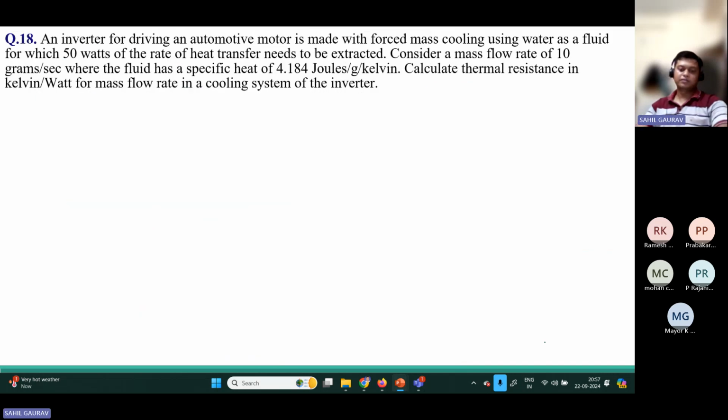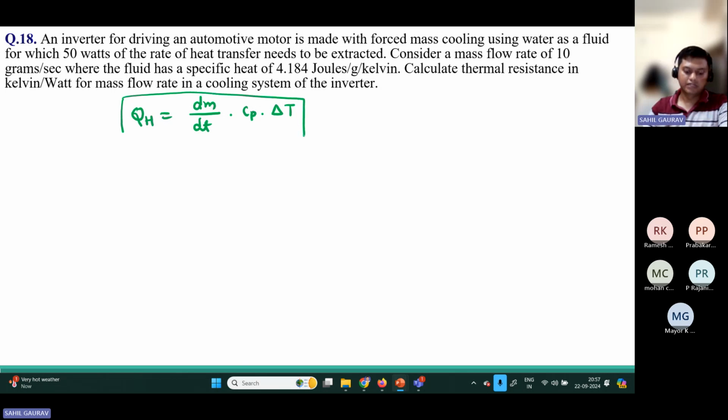Now coming to the next problem. This is from mass transfer. In the mass transfer equation we know QH is equal to dm upon dt into Cp into delta T. In this problem they are asking about thermal resistance for mass flow rate.